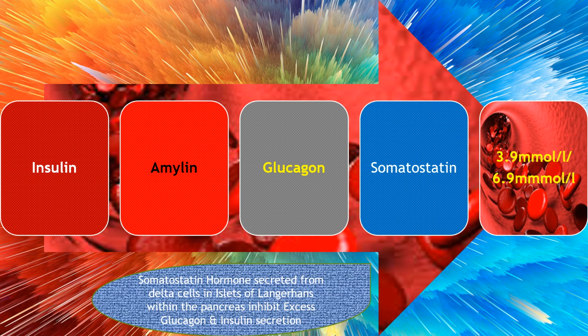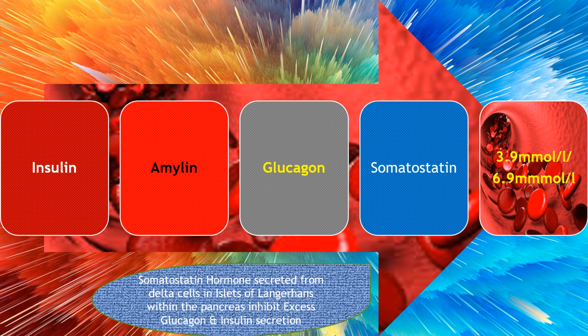And when the blood glucose concentration is in a normal range, the pancreas secretes the somatostatin hormone from the delta cells in the islets of Langerhans to inhibit glucagon and insulin secretion.